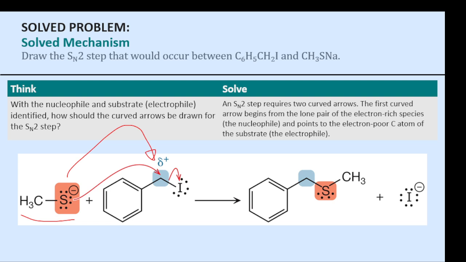That's going to mean you have too many electrons around the carbon, don't you? And so one set of those electrons around the carbon has to go off onto something else. They're going to go off onto the most electronegative thing, which is the iodide. Anybody okay with that so far? And so we end up replacing the iodide with a sulfur, right?